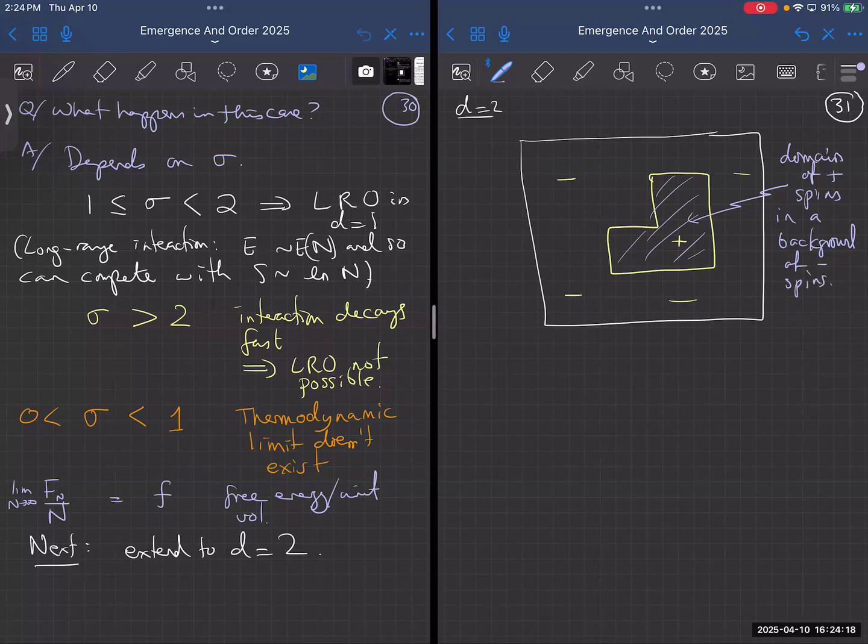And so now what we have to do is the same kind of argument, but now we don't just have one interface between the positive and negative domains, we have this whole boundary like that. So what we're going to have to do is work out the free energy cost to create this boundary.